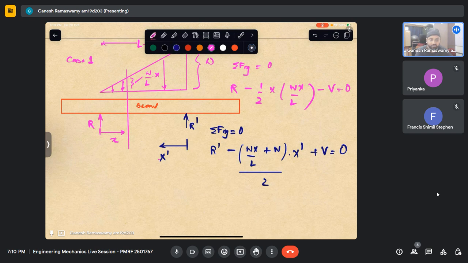So if there is a force here, let us say, and then there is some load applied like this. For this portion, you take x from here, start from here and come till here. You plot whatever you have got. Now these forces, just apply them as equivalent forces and couples at this point and go about doing your analysis with taking this as the origin. Then it will be simpler.